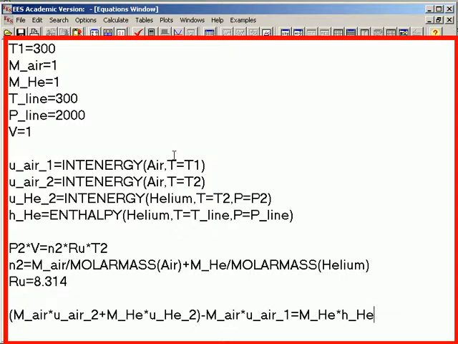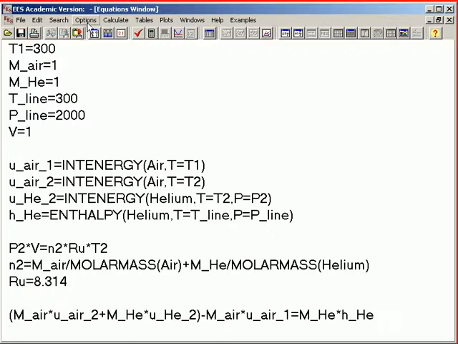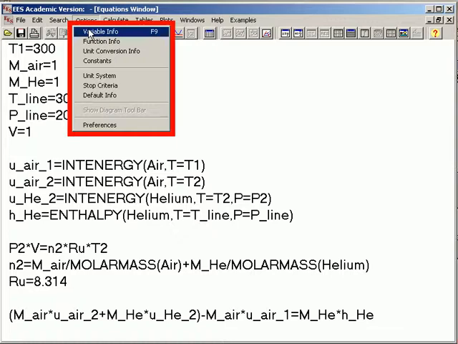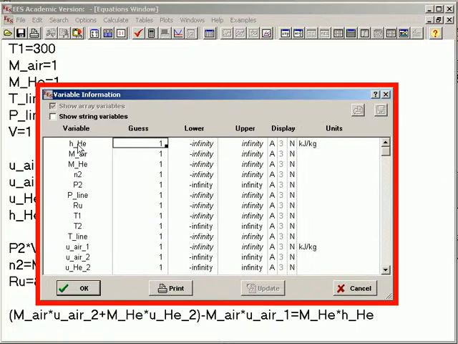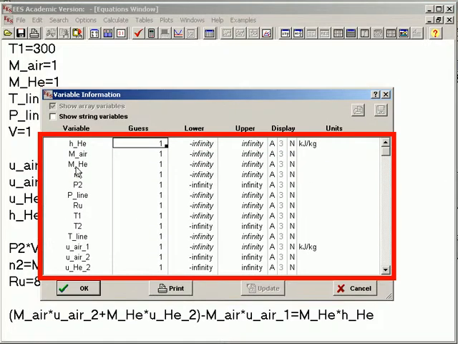But before we do that, it's important that we address this units issue a little bit more fully. So if we come to the options and go to variable info, this is going to tell us information about the variables in our problem. We get the list of the variables in this column.